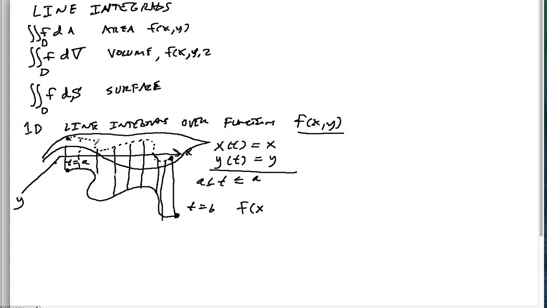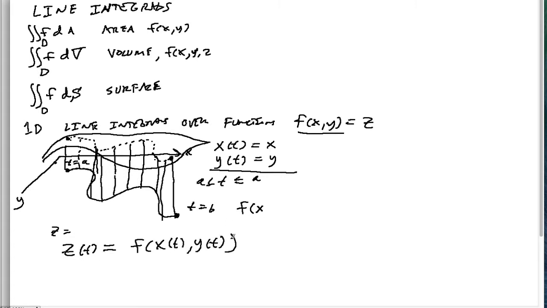Okay, hopefully I can draw that good enough. So we can define a z coordinate on top of that. So really what we're talking about is that we have a z of t function that's implicitly defined here, f of x of t and y of t.